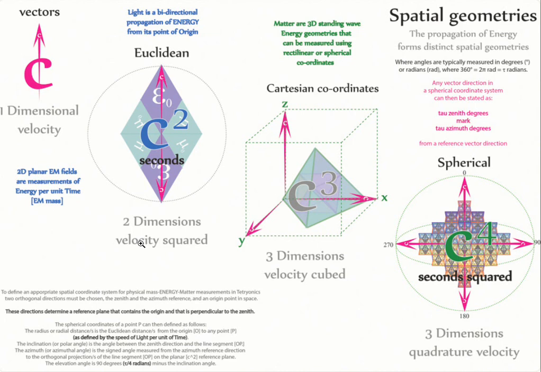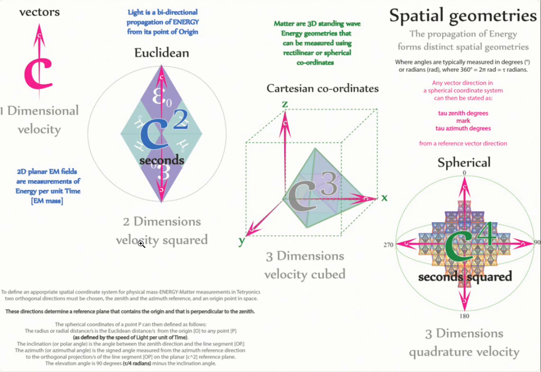In the case of mass, energy, we have biradial propagation of energy, which results in the necessity to translate our spatial coordinate system to a c squared coordinate system, where we're measuring, which will generate a mass, energy equivalence through the c squared spatial coordinate system.